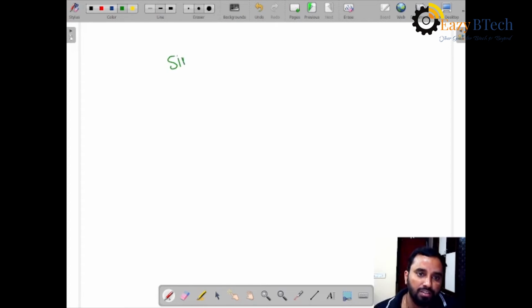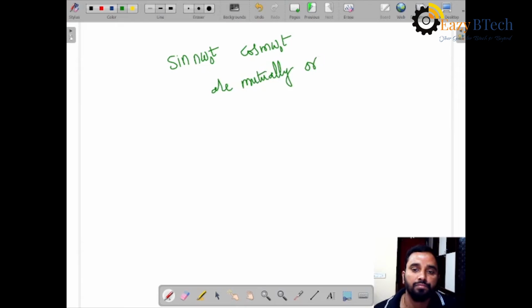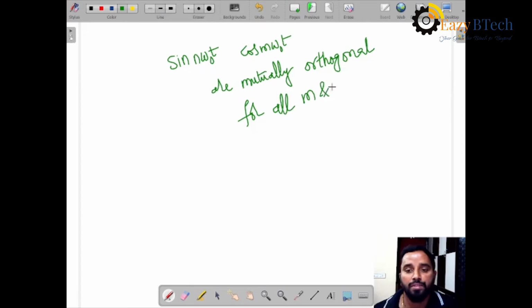So finally, what can I say? This point is the final. Sin n omega naught t and cos m omega naught t are mutually orthogonal for all m and n, whether m is equal to n or m is not equal to n.